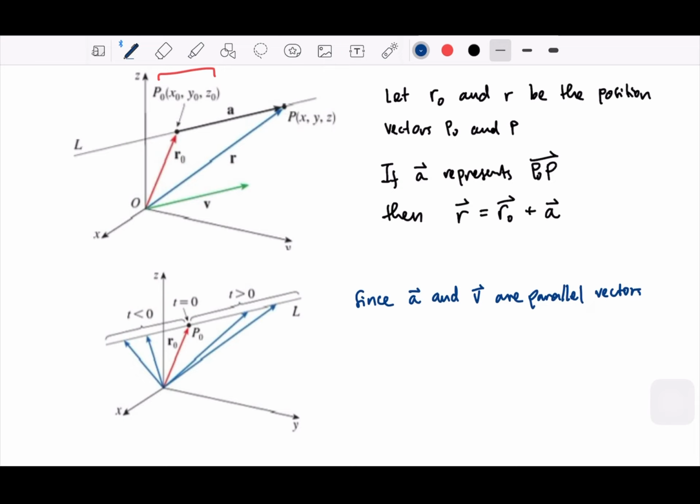And we can exchange the positions of R0. Then there is a scalar, which is t, such that the vector A is equal to t multiplied with vector V.